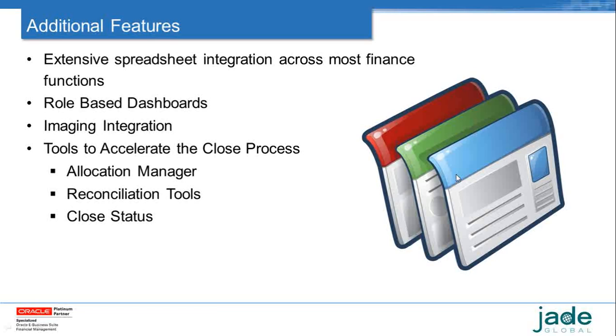On the close process side, the allocation manager delivers graphical wizards that guide users through a step-by-step process for creating complex formulas. There are interactive reconciliation reports that compare open receivables and open payables balances to the corresponding balances in Fusion General Ledger.